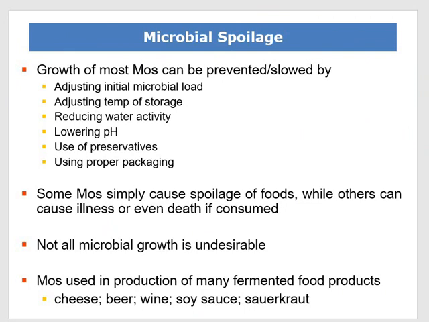And obviously the last one is using proper packaging, because the first function of packaging is to prevent your food product from being in contact with the environment. You also have special types of packaging, like vacuum packaging and modified atmospheric packaging. In that way, it reduces the rate of microbial spoilage.